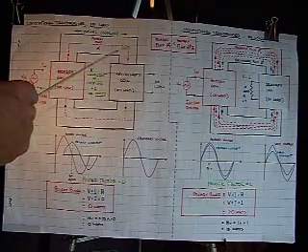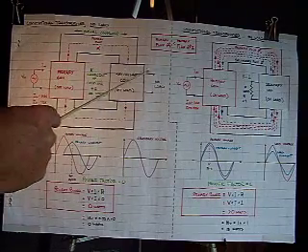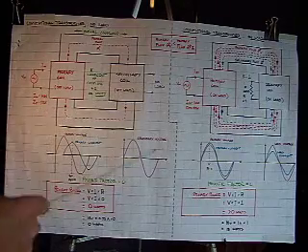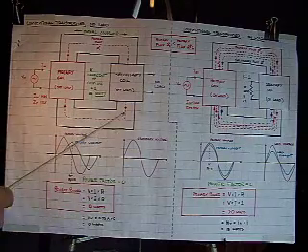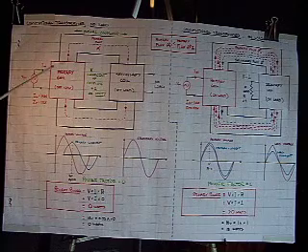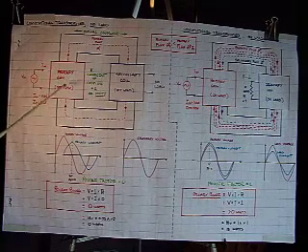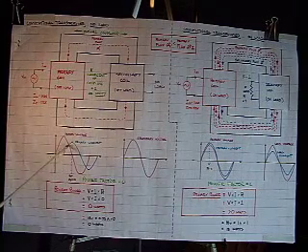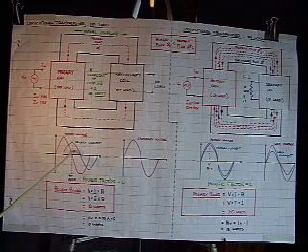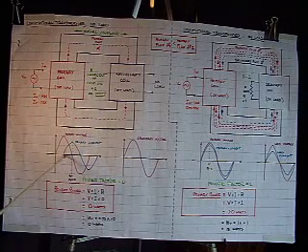and when the flux hits the secondary, it induces a no-load voltage in the secondary. The current that's in the primary coil is reactive current, which means that it's 90 degrees out of phase with the primary voltage.